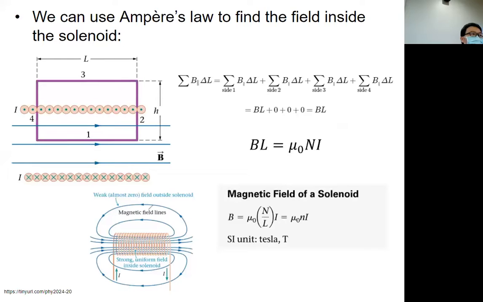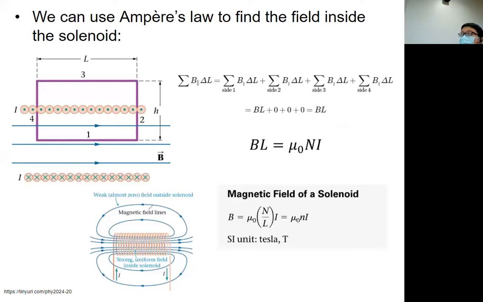Then you move L to the right side of the equation, so the B field equals mu naught times n divided by L times I. N is the number of loops you have, and L is the length of your solenoid.